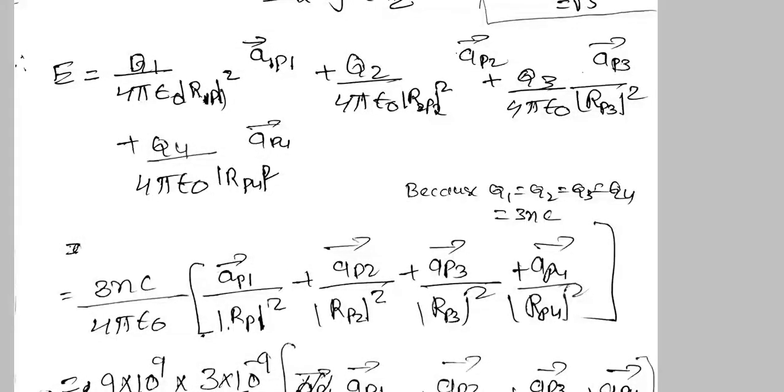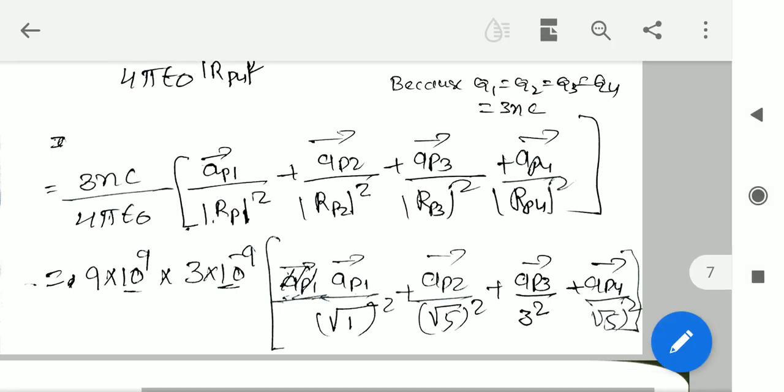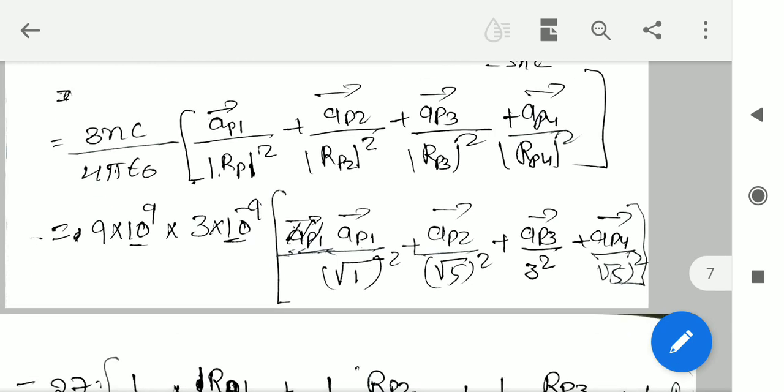Then the remaining terms are AP1 divided by RP square, AP2 divided by RP square, and AP3, AP4. These indicate the unit vectors of the electric field due to charges 1, 2, 3 and 4 in the P1, P2, P3 and P4 directions.